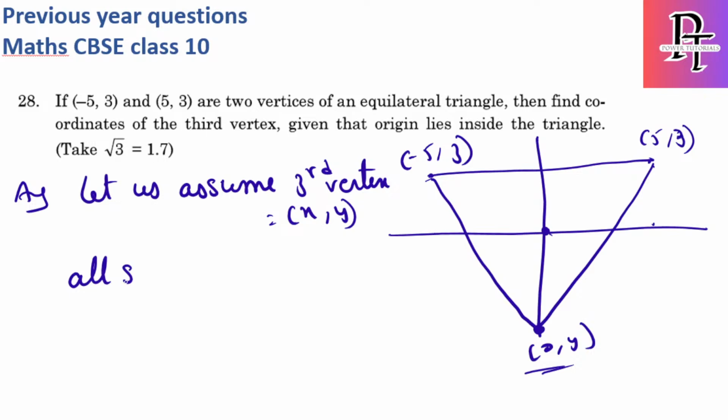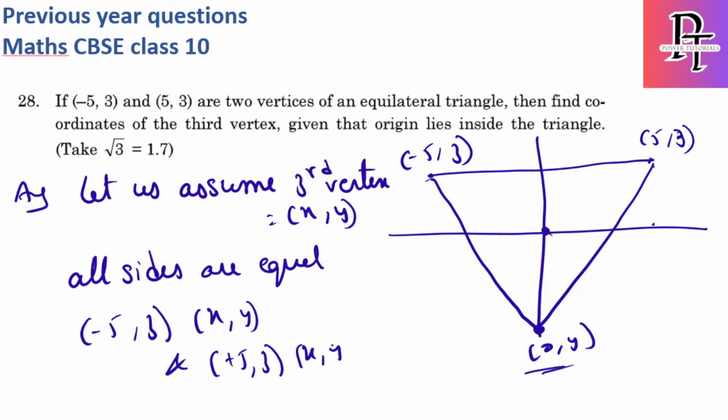So simply the distance between minus 5, 3 to x comma y and the distance between 5 comma 3 to x comma y and the distance between minus 5 comma 3 and 5 comma 3 should be same. Okay, let's write all three here.